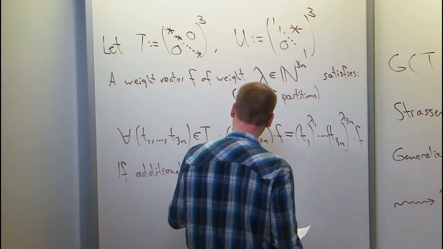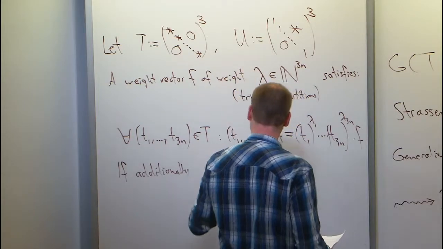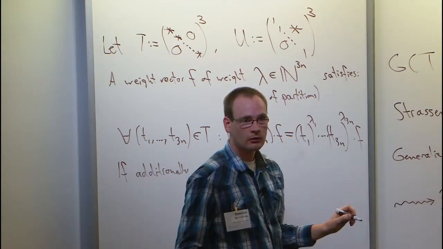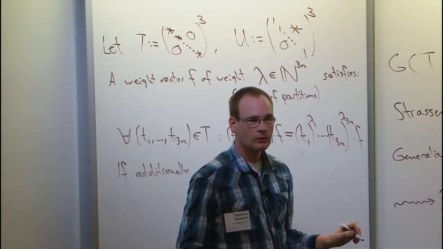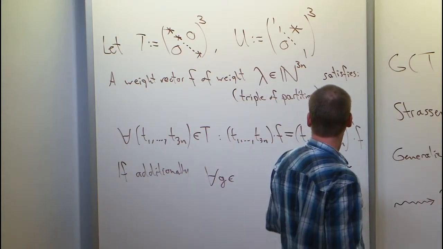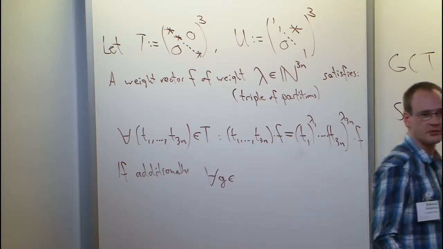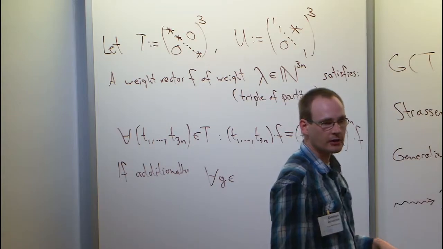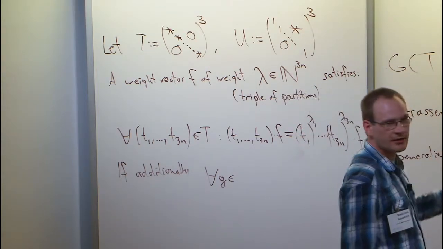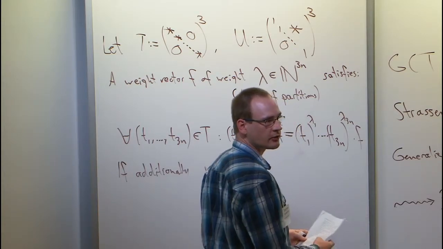And now if additionally we have that all these group elements in U, that's because I'm only interested now in polynomial representations. At the end it all comes down to polynomial representations anyway, so I don't care about the others at the moment.